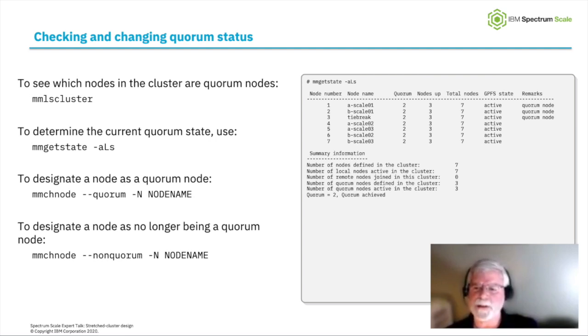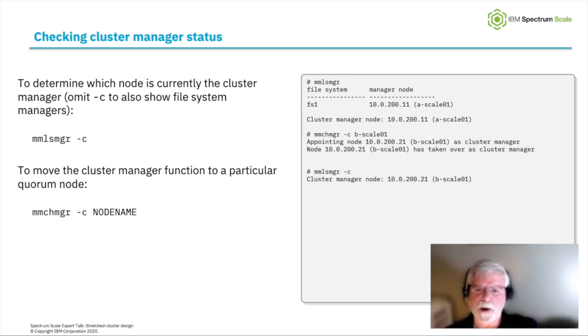You can also move the quorum designation if you need to. Likewise, you can see which node is the cluster manager. And normally, we will rely on the quorum nodes to choose a suitable cluster manager. But we'll see later there are occasions where you may wish to move the function off of a particular node.